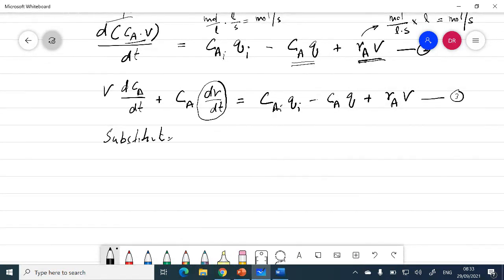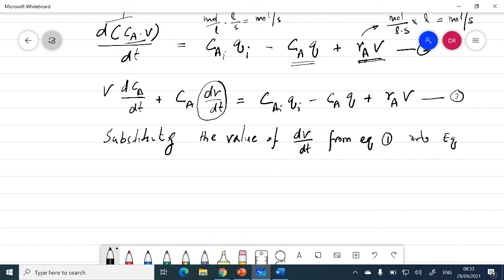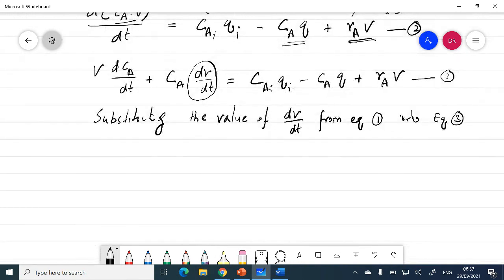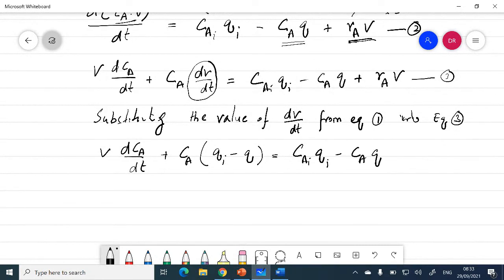So we substitute the value of dV by dt from equation number 1, and put it into equation number 3. Equation 3 will become V dCA by dt plus Ca times Qi minus Q is equal to CAI QI minus CAQ plus RA into volume.